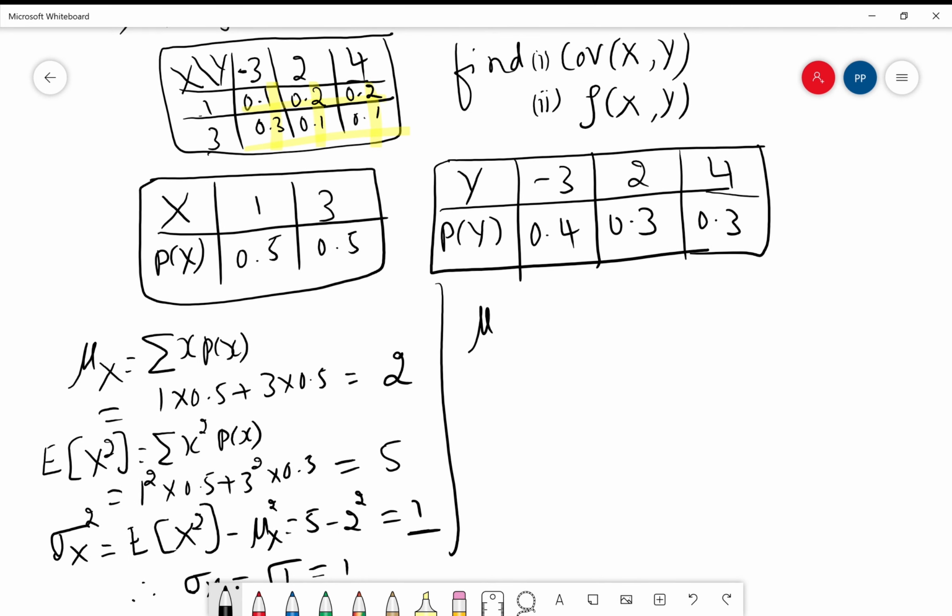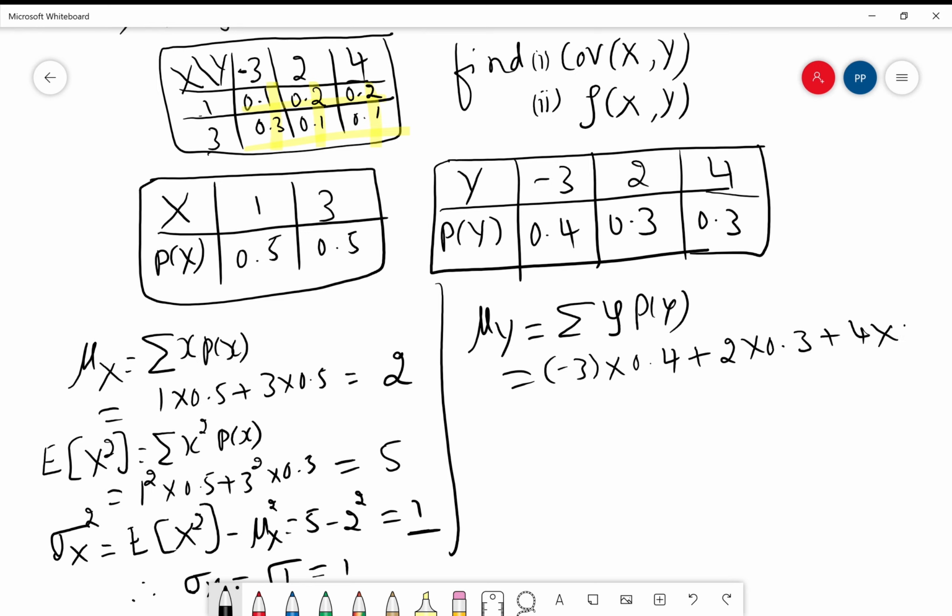Now, mu y equals summation y into p of y. Exactly, it is minus 3 into 0.4 plus 2 into 0.3 plus 4 into 0.3, which simplifies to 0.6.